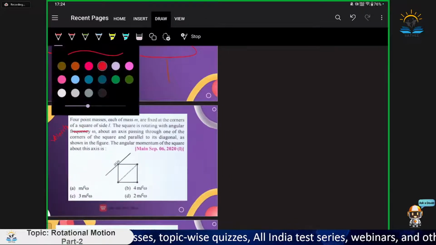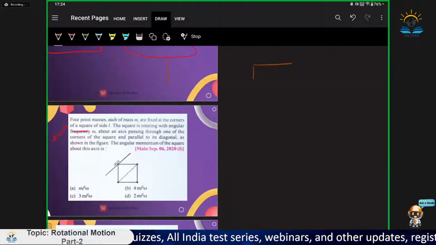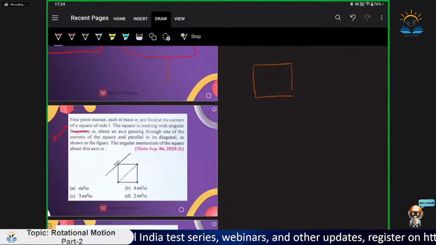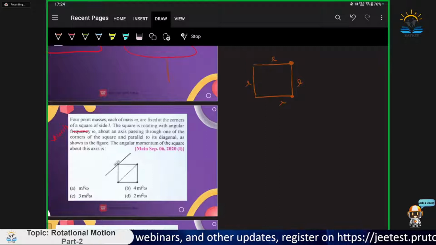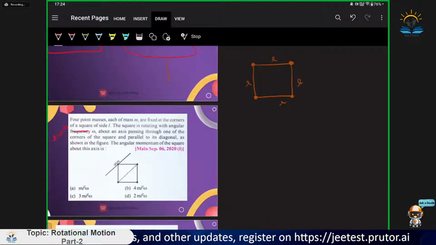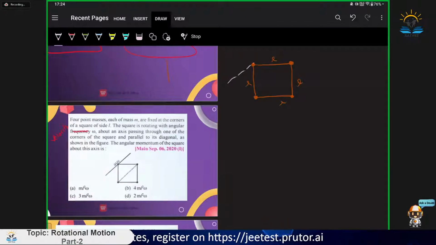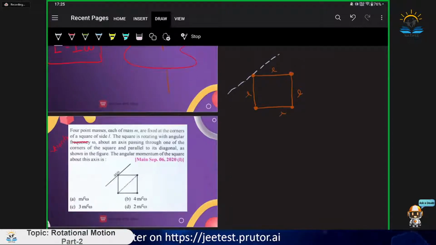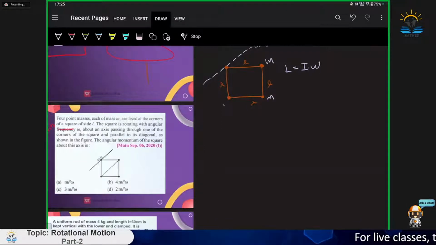Let's solve this. First, let me draw the condition. Square of side L, 4 masses here, each of mass m, having the same mass. Next we have to find out, which axis? This is the axis. So we have to find the angular momentum. Angular momentum L equals I omega. So what is I about this axis? Mass m is here, mass m is here, mass m is here.